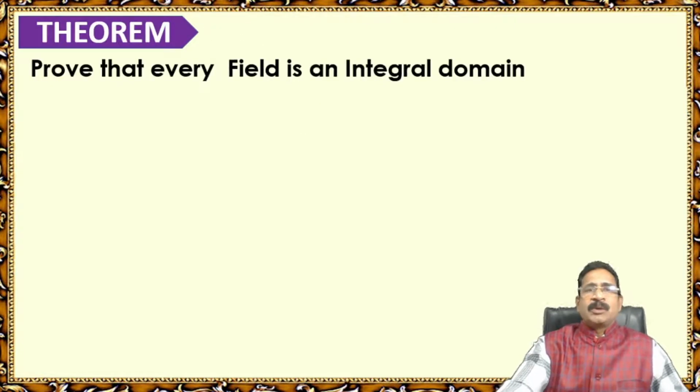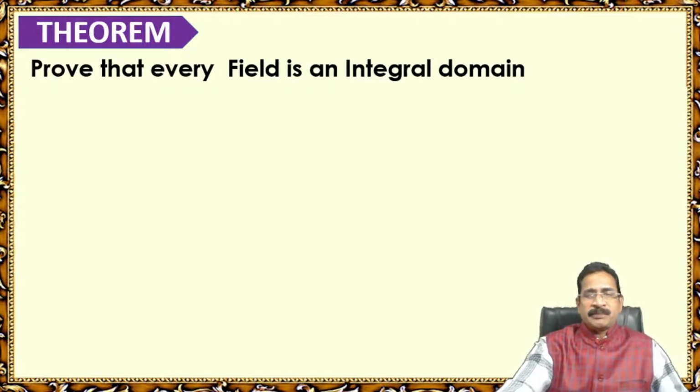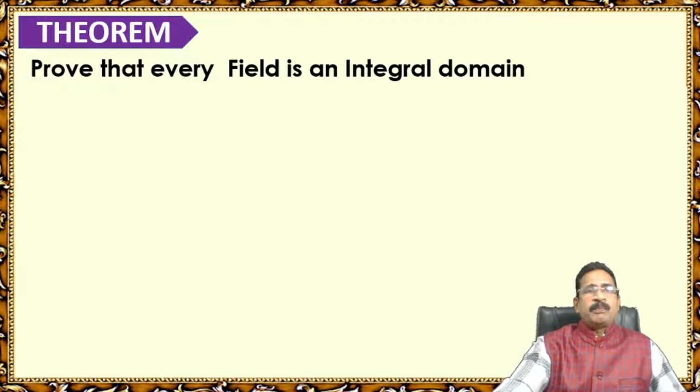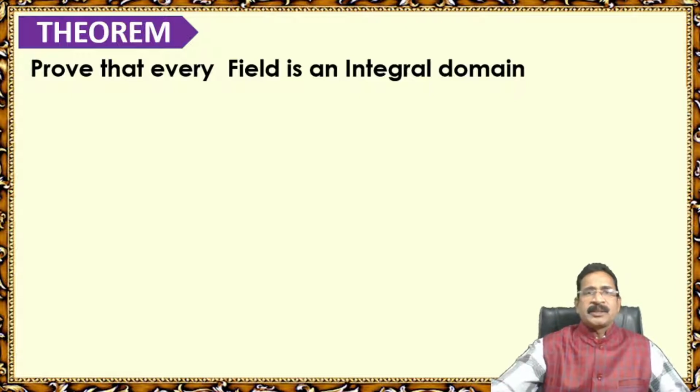Now, we will go for theorems. Prove that every field is an integral domain. For this, we require the definitions of a field and an integral domain. What is a field?